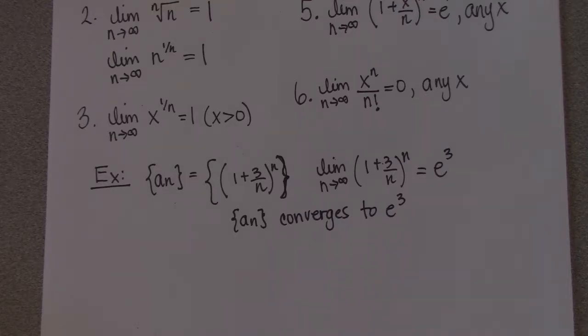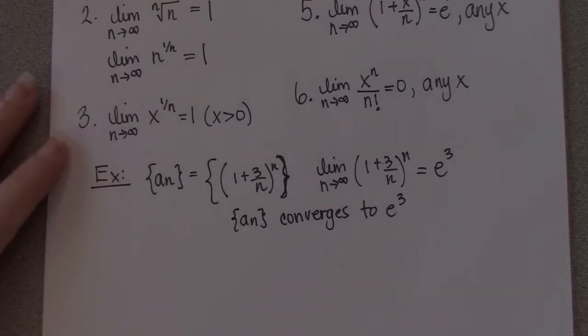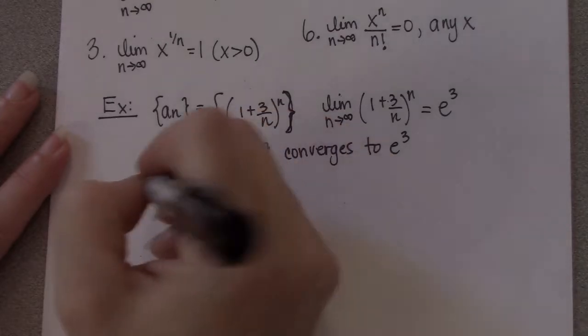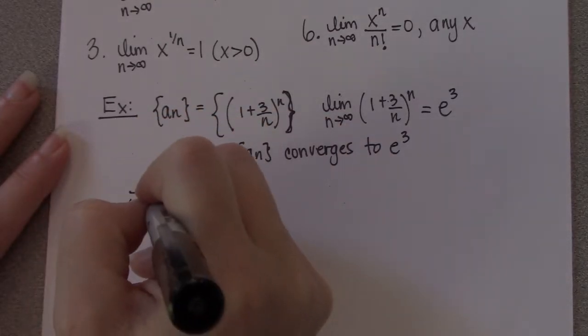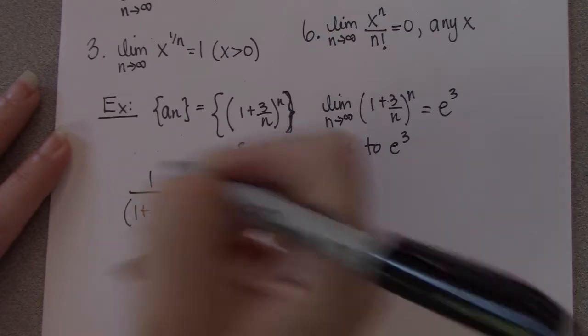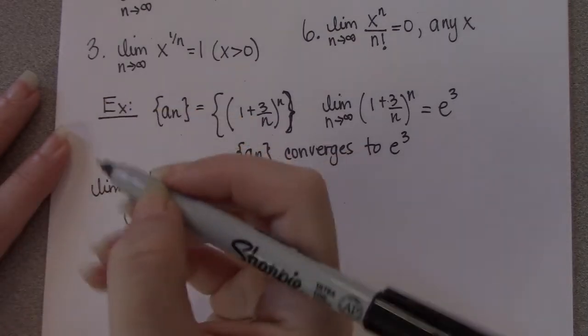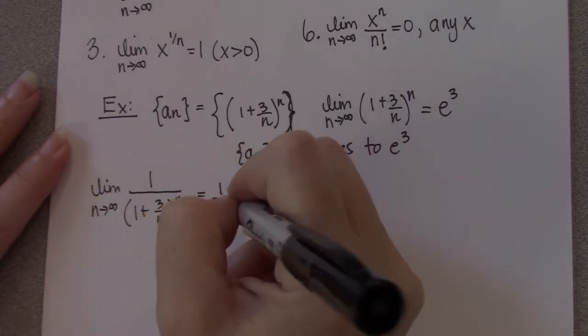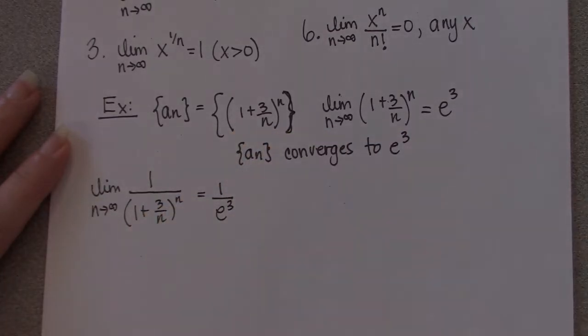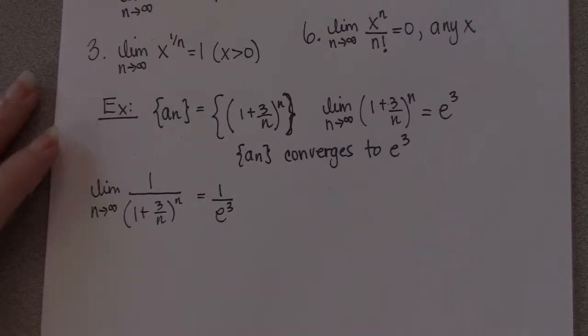One thing I want to point out about this is you'll see it a lot, but you may not always recognize it, so you want to make sure that you understand what it looks like. If I were to write 1 over (1 + 3/n)^n and take the limit of that, this would just be 1 over e cubed, right? That's pretty straightforward. If you saw it like that, most of you could probably get there, okay?